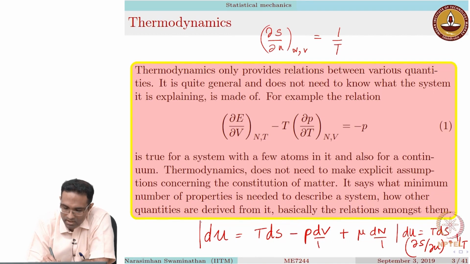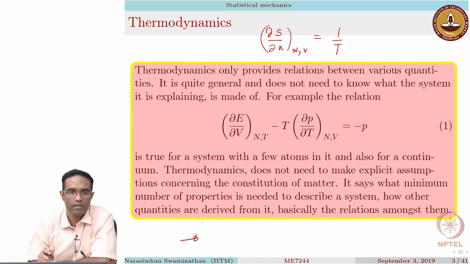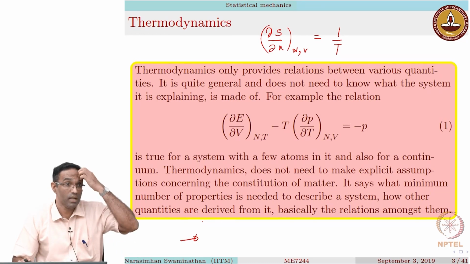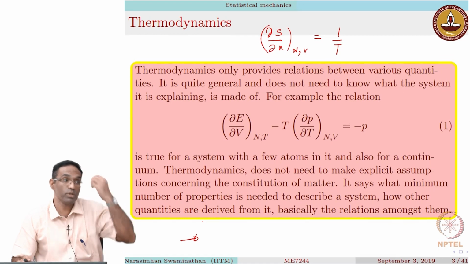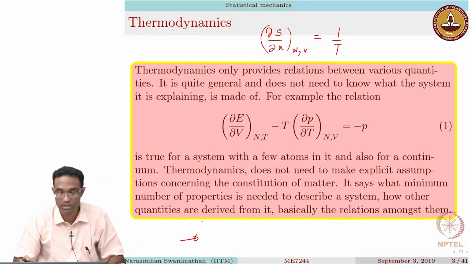So this is classical thermodynamics. You must have studied it in mechanical engineering or material science. All of you would have studied these equations at some level. Some of you might have looked at chemical potential, some of you might not. That is the only difference, right?